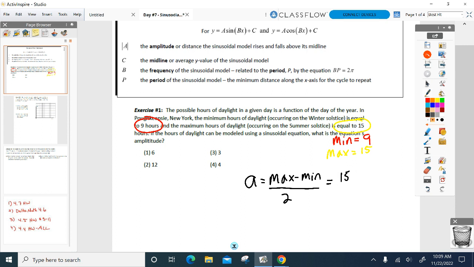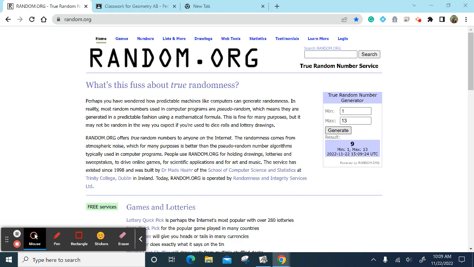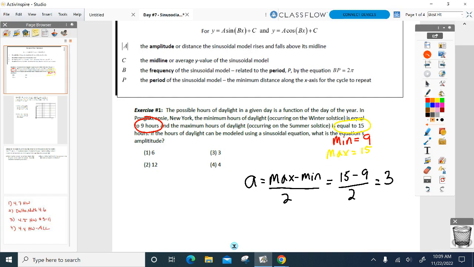So you got 15 minus 9 over 2. Amplitude for this problem will be 3. Just a matter of reading through all the cute stories and figuring out what those numbers mean.